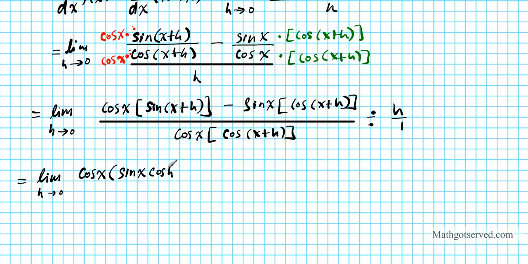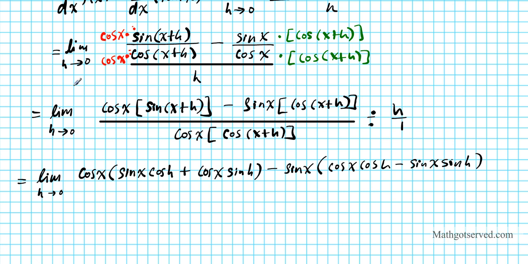We keep the sign plus cosine x sine h. All right, that's for this piece. On the right side, minus sine x, and then the cosine identity, which keeps the two functions with the sign switched: cosine x cosine h. Notice the two functions are the same, so switch to minus: minus sine x sine h.